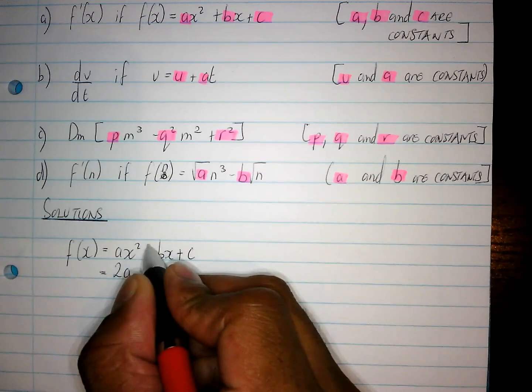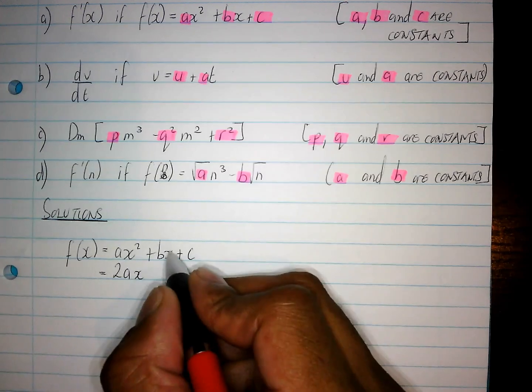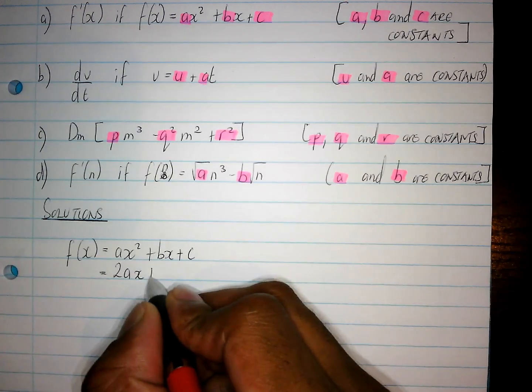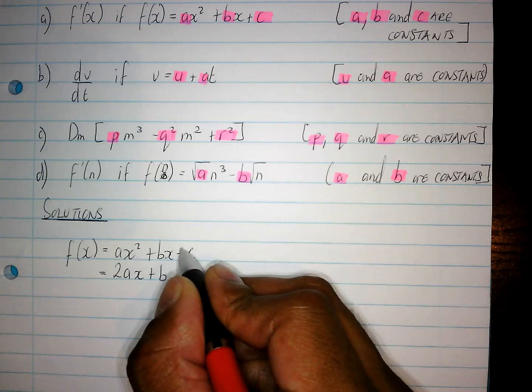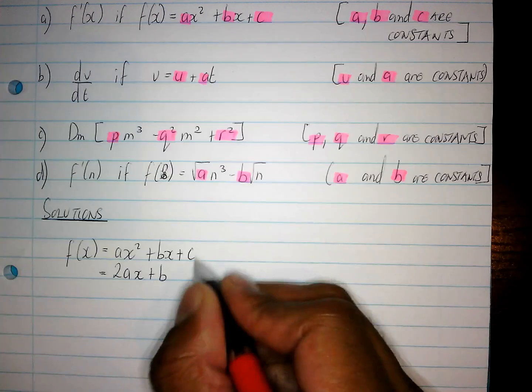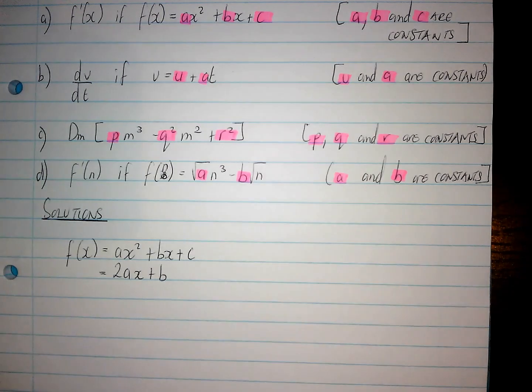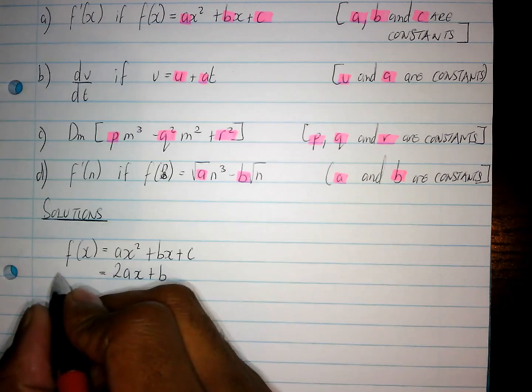Then 2 minus 1 gives X. Then 1 multiplied by B gives us B. 1 minus 1 is 0, and any base to the power 0 is 1. Then C is our constant value, there's no variable, so it's going to be 0.